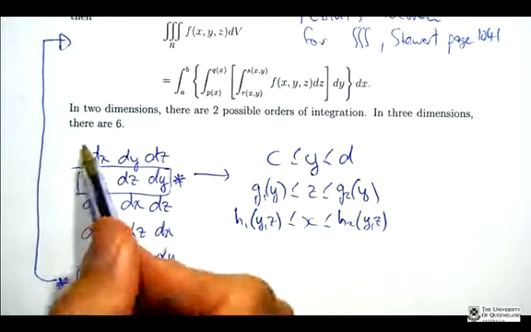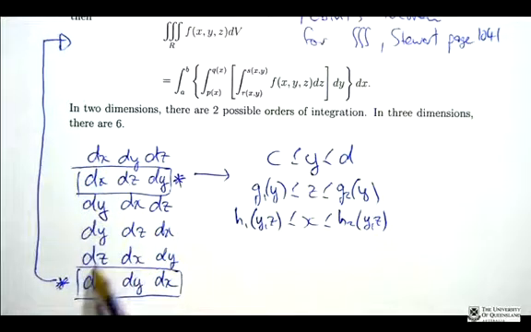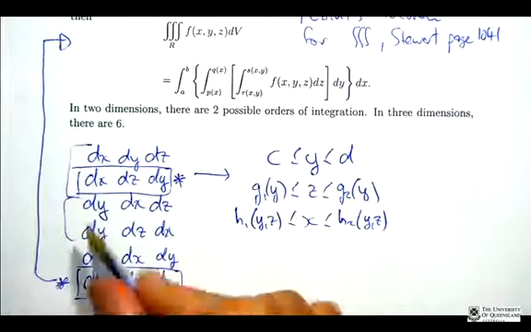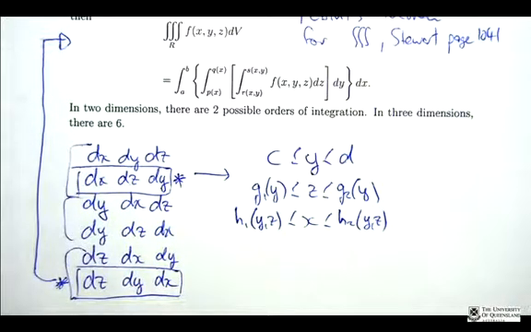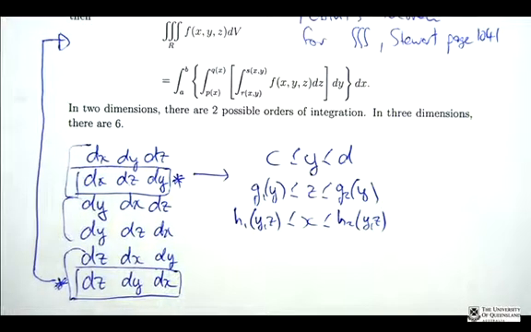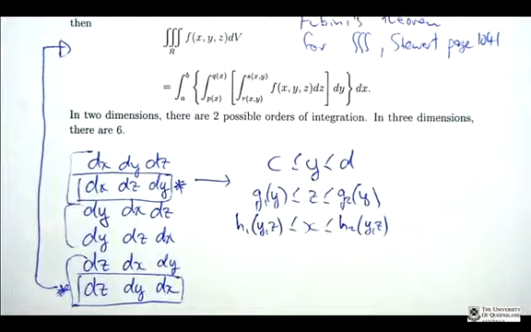You can see there are 2 possible orders where we first integrate with respect to x, 2 where we first integrate with respect to y, and so on. These iterated integrals you can break down into pairs of iterated integrals, if you like, and think about it that way. But anyway, this is just to give you a bit of a taste of how we're going to deal with triple integrals from now on, and what's required.